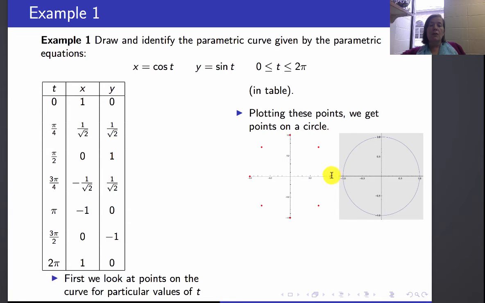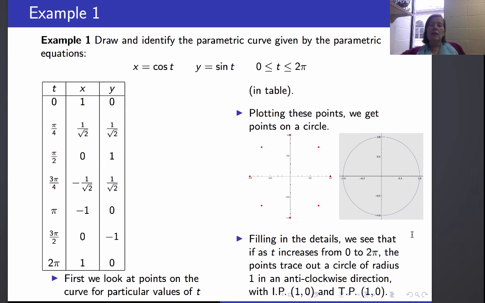The initial point is here at (1, 0), and when t is pi over 4, we get this point (1 over the square root of 2, 1 over the square root of 2). When t is pi over 2, we get the point (0, 1), etc. And as we increase the angle, we move right around this circle of radius 1, with the terminal point coinciding with the initial point at (1, 0).